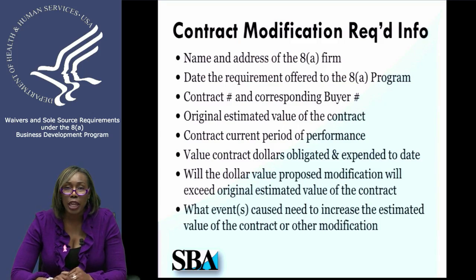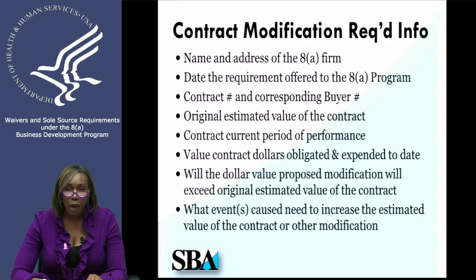We want the original estimated value of the contract, the current contract period of performance, and the value, contract dollars obligated and expended to date. Will the dollar value of the proposed modifications exceed the original estimated value of the contract? We want to know that if that's what you're asking for, and in what event is needed to increase the estimated value of the contract or other modifications.